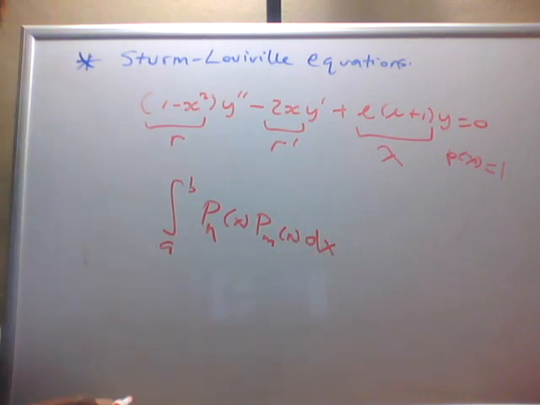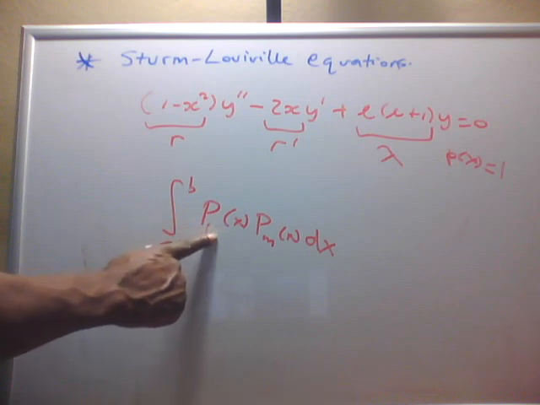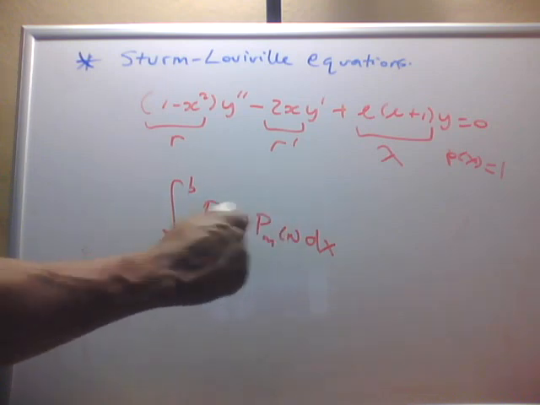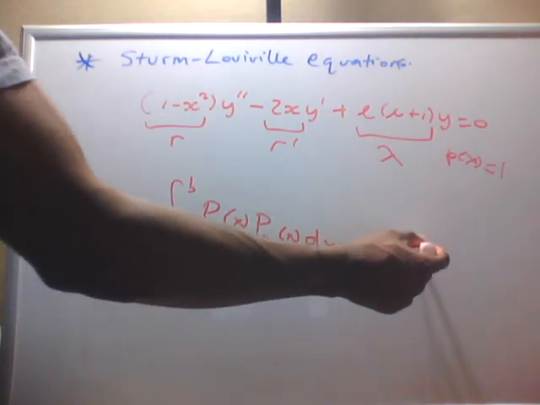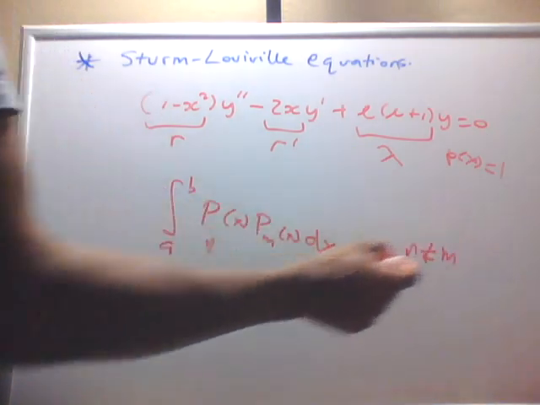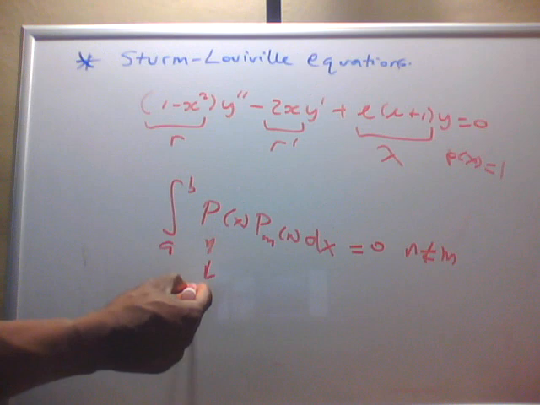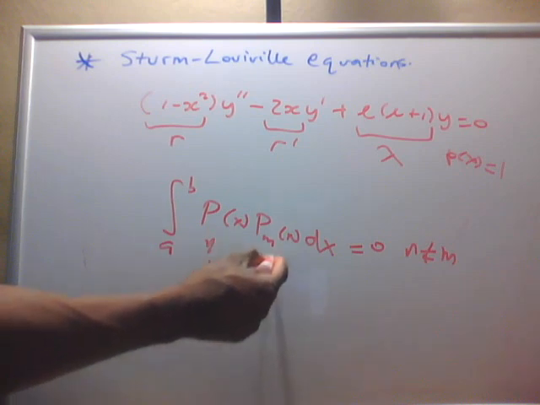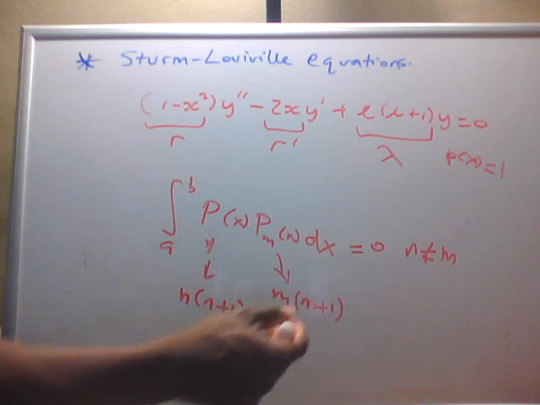In this case, our eigenfunctions, let's say L n and L m, the integral equals 0 for n not equal to m. And corresponding for Pn, our corresponding eigenvalue is n plus 1. For Pm, our corresponding eigenvalue is m plus 1.